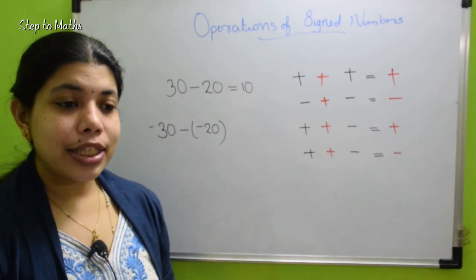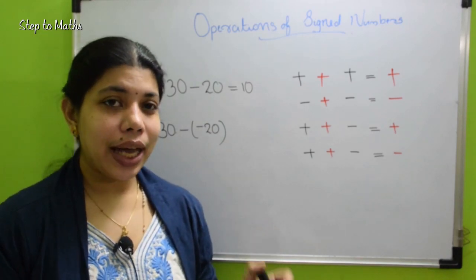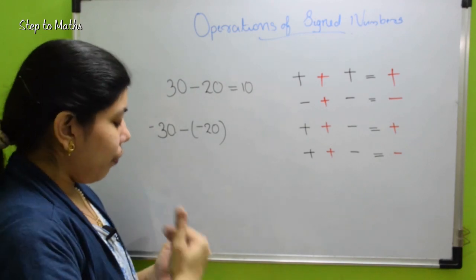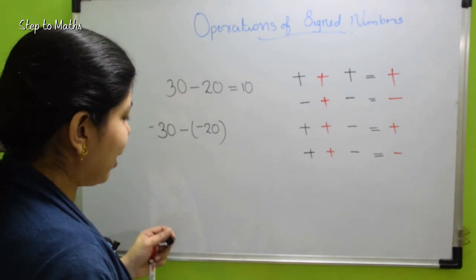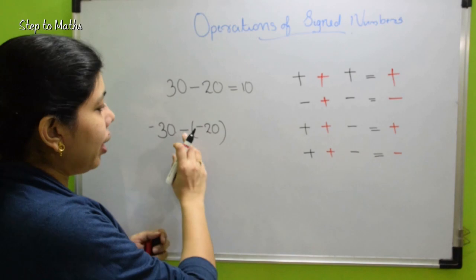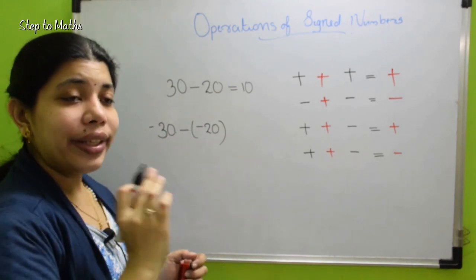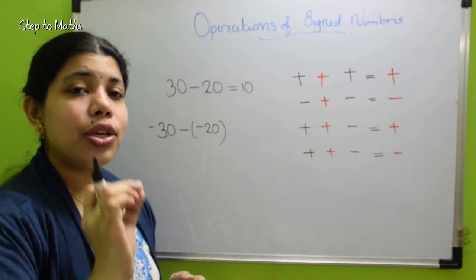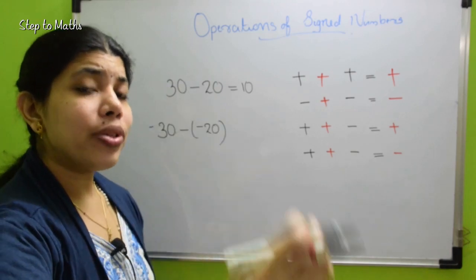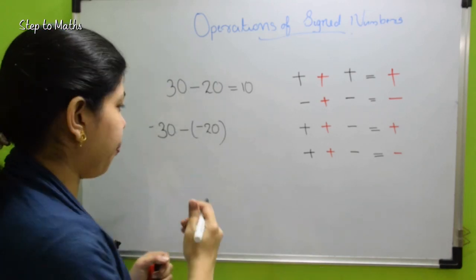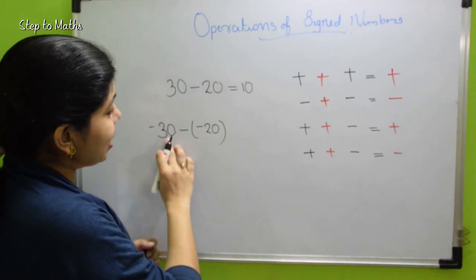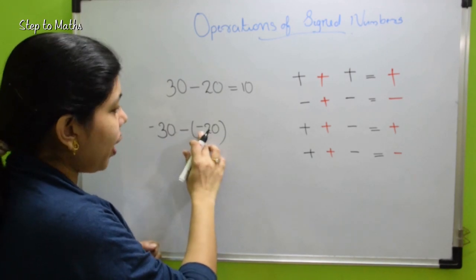To subtract signed numbers, we can follow the rule that the subtraction or minus symbol is changed to positive or addition. Minus 30 minus minus 20.